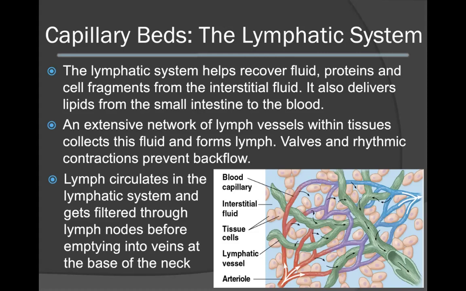This will collect fluid from the surrounding area, which will then help to form lymph. Vessels within the lymphatic system have valves as well as rhythmic contractions to help prevent backflow of the lymph fluid. Lymph will circulate within the lymphatic system and will then get filtered through the lymph nodes before it empties into the veins at the base of the neck.